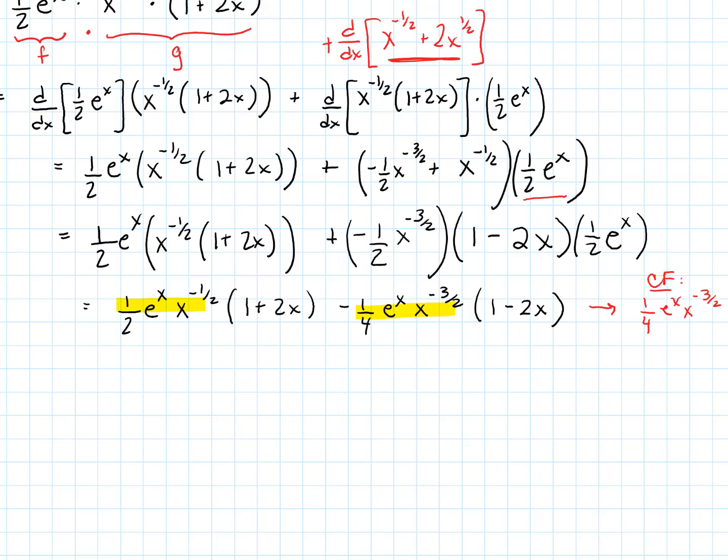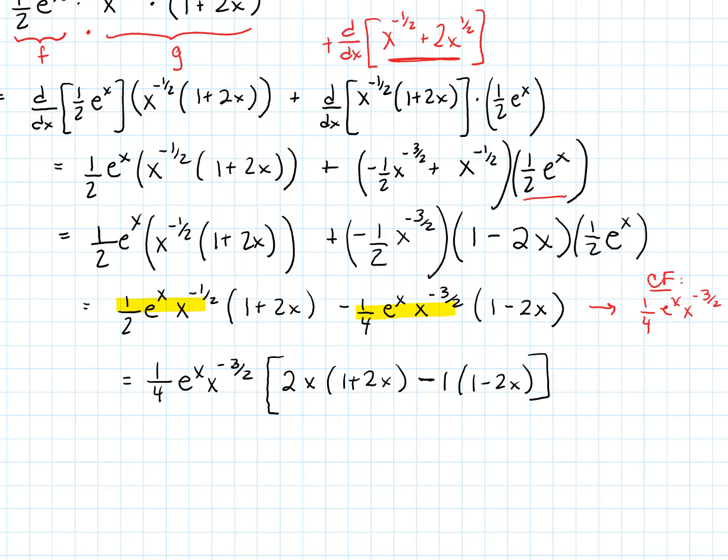We've got 1/4 e to the x, x to the -3/2, and let's see what we are left behind with. We're going to end up with a 2x times 1 plus 2x here. Here we're going to end up with a -1 times 1 minus 2x. And so that's what we have left behind after pulling out that common factor.